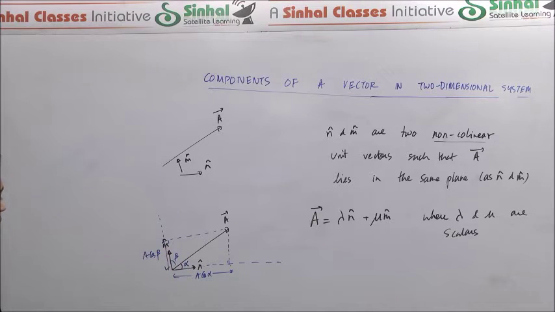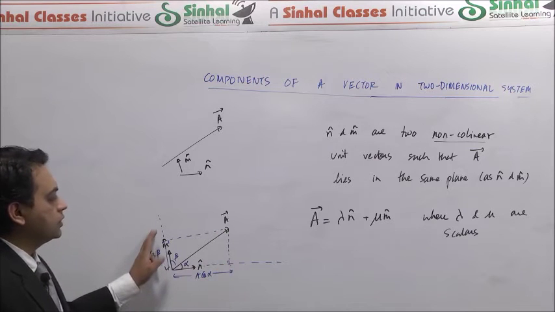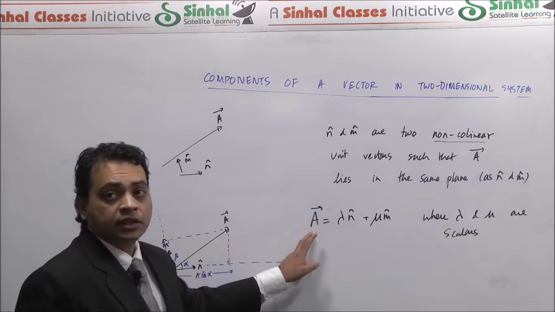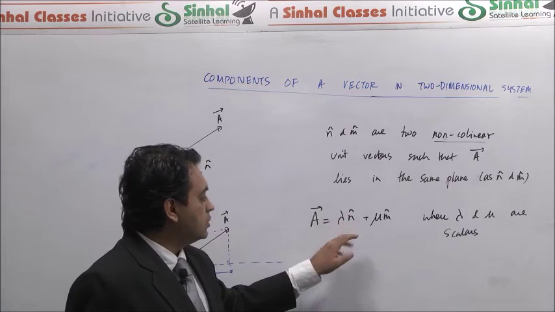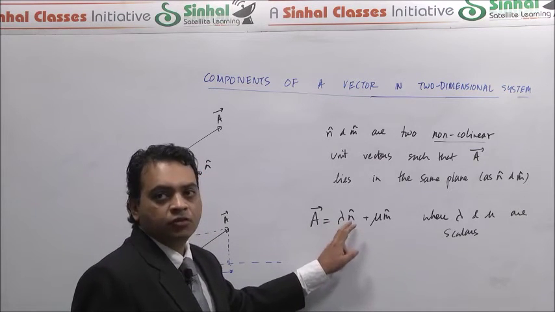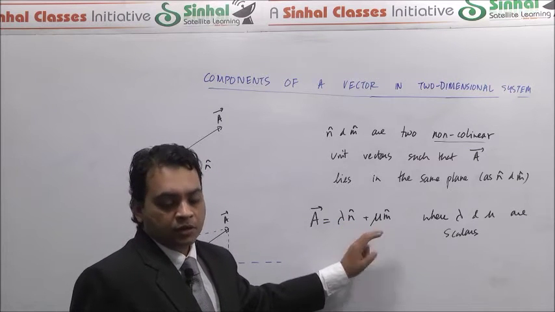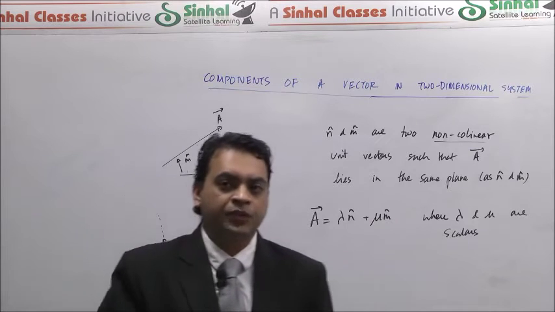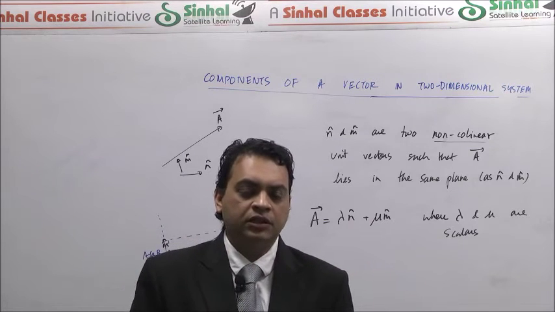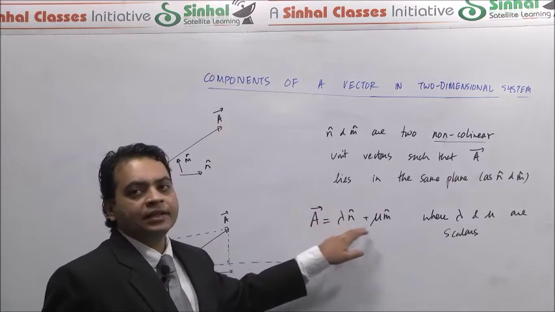Now you can see that we would be able to define the vector A itself as the sum of a vector along this and this. So that is how we are representing the vector A, as this linear combination of two vectors, one along the unit vector n cap and one along the unit vector m cap. So that is the usefulness of defining the component of a vector A along the unit vector n cap or m cap.